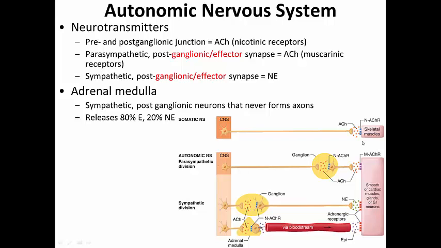Nicotinic receptors, as you recall, are ion channels that are nonspecific, allowing sodium and potassium to pass through and leading to depolarization of the skeletal muscle cell and action potential and then contraction of the muscle via a mechanism that we'll talk about soon. So that's the somatic nervous system and the receptors and neurotransmitter that's involved there.